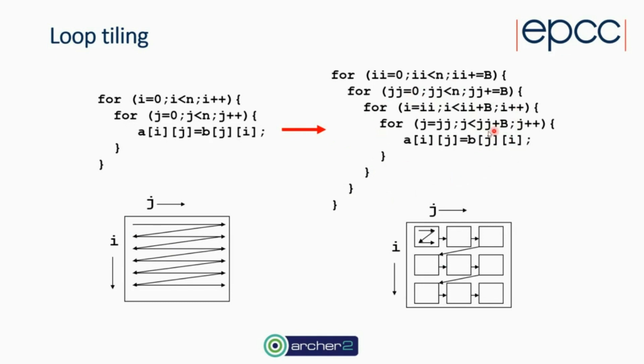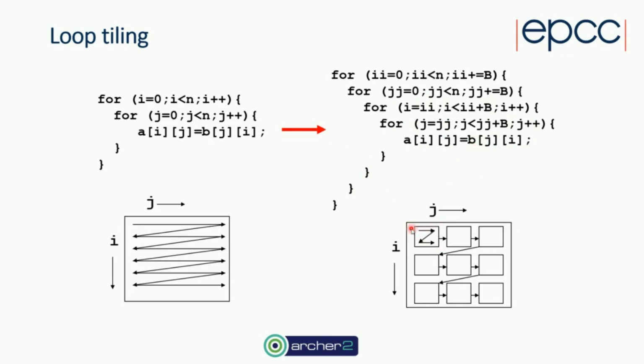So overall, accessing B now has the same number of cache misses as accessing A, because A takes a cache miss at the beginning of this loop, and then it'll take another cache miss when it iterates this outer loop, and then another one, and B has exactly the same.